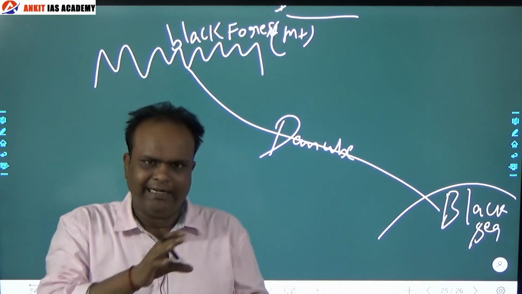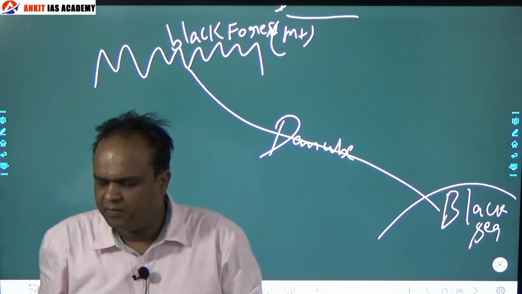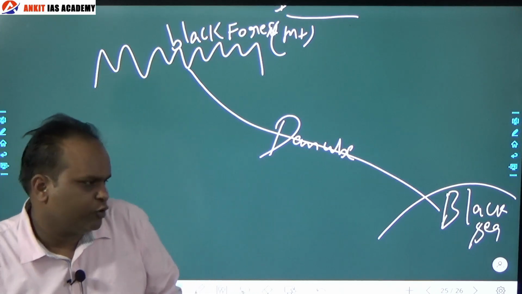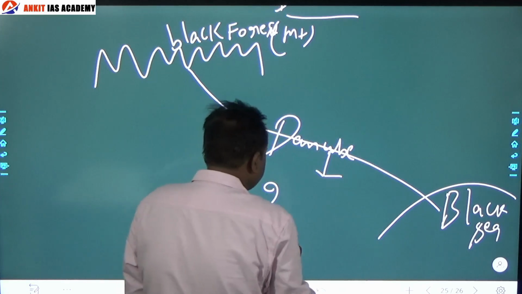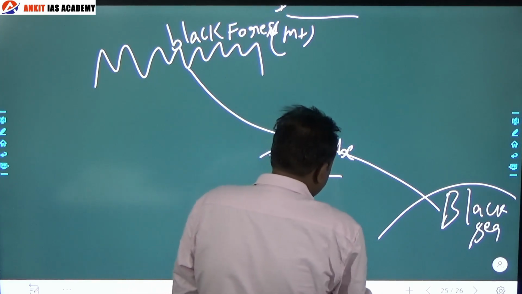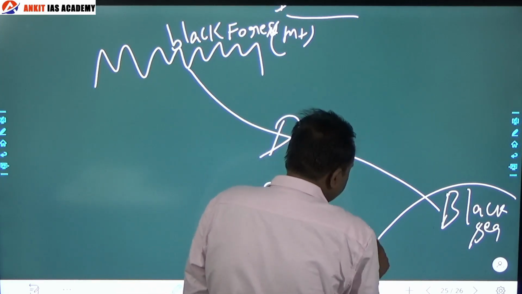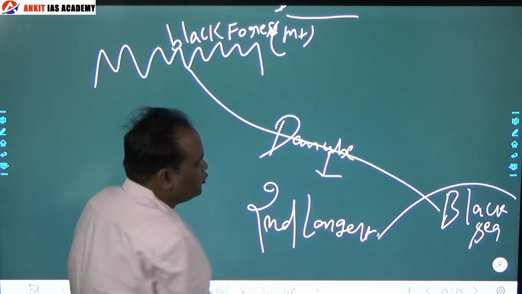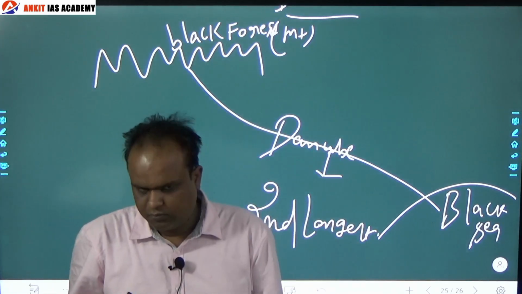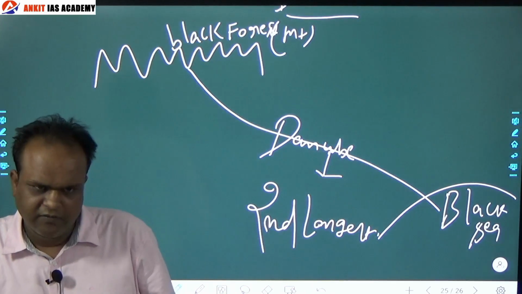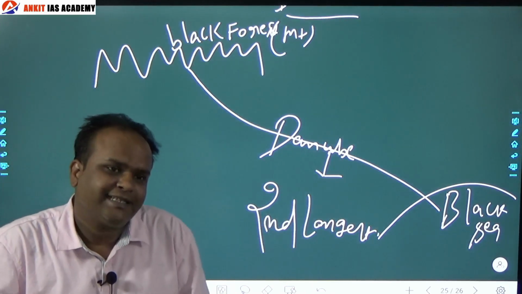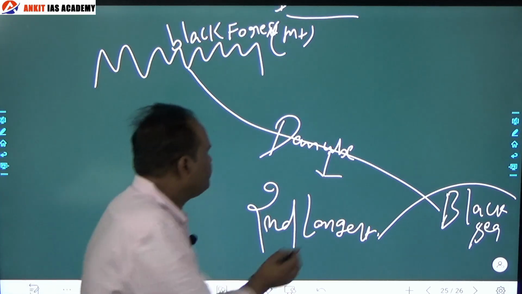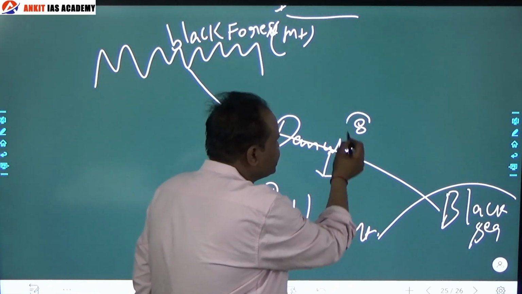Basically, it forms the delta in Romania. Just remember, it is the second longest river in Europe. It crosses 8 countries.